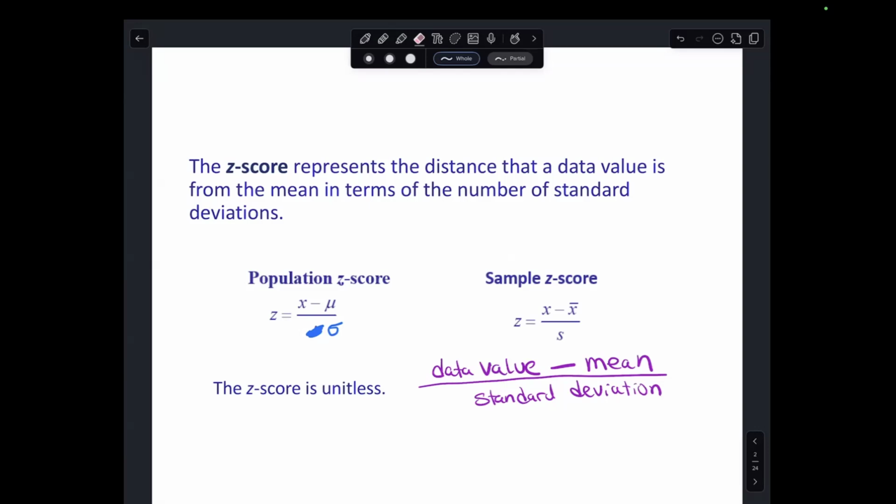You are almost 2 standard deviations above the mean, 1.8 standard deviations above the average score that everybody else got on the test. If you had a z-score of -2.3, you are an outlier on the lower end. You did not do very well on the test. Your test score is 2 standard deviations below the mean.